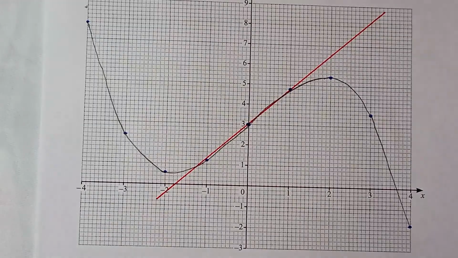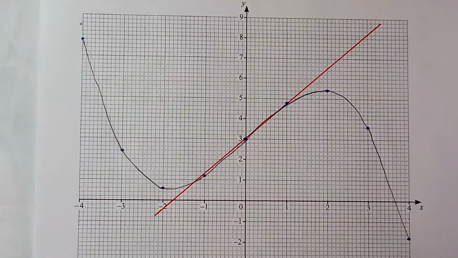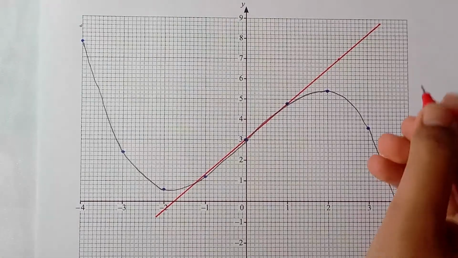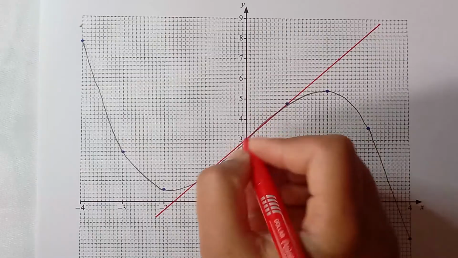And on that tangent, we need to find 2 points to find out the gradient. Okay, so let me take the 2 points on the tangent.